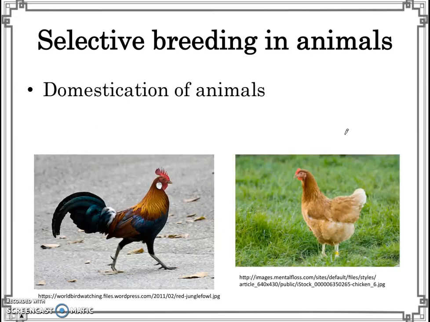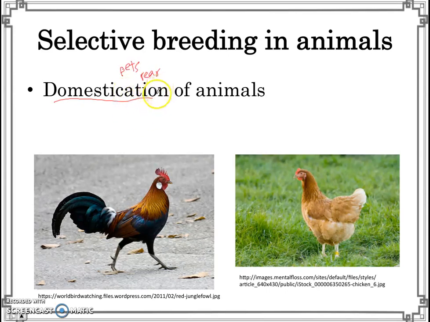Another famous example of selective breeding would be the domestication of animals. The idea is that animals in the past would not be domesticated. They would not be kept at home. Domestication just means kept at home or reared, like you rear them on a farm, or you keep them as pets. So in the past, you would never have that.